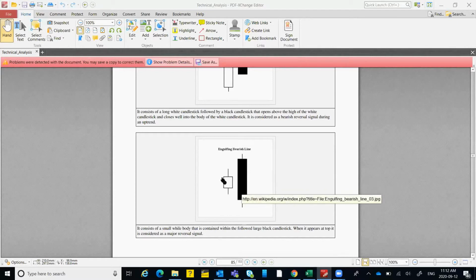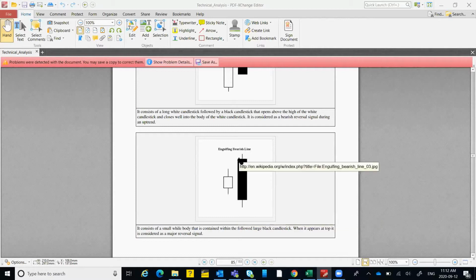So simply, the white body will be small and the black body will be large, and it will be large on both ends, not on one end. It will cover the previous candle completely from the upside as well as from the downside.